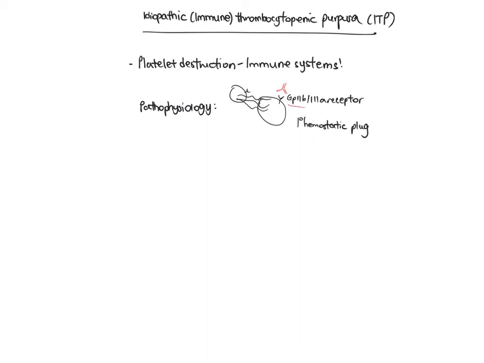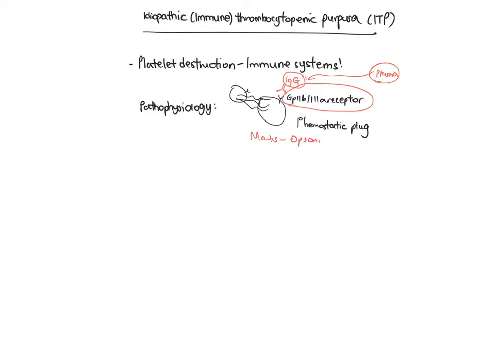against this GP2B3A receptor, and these antibodies are typically of the IgG subtype, and it's important to know that IgG is produced by the plasma cells. Once this IgG starts to coat the receptor, it basically marks it, and we use the term opsonizes.